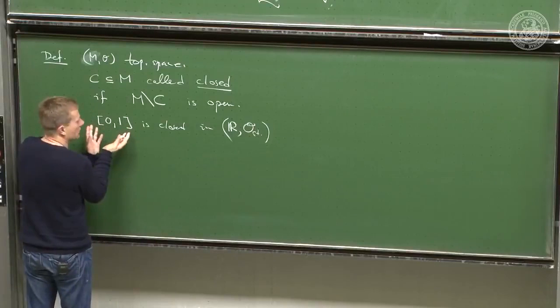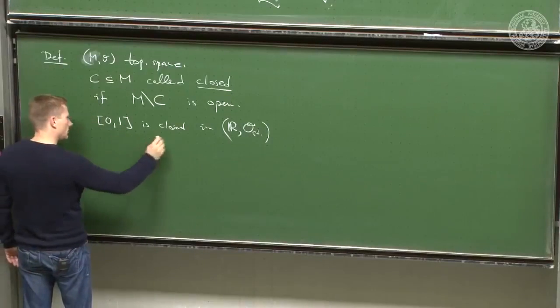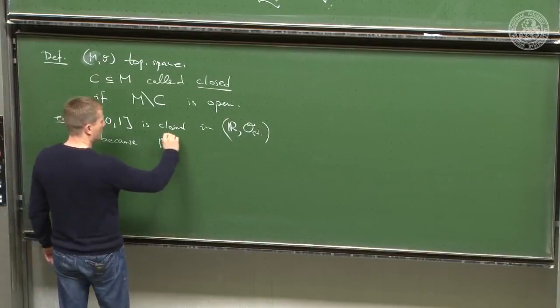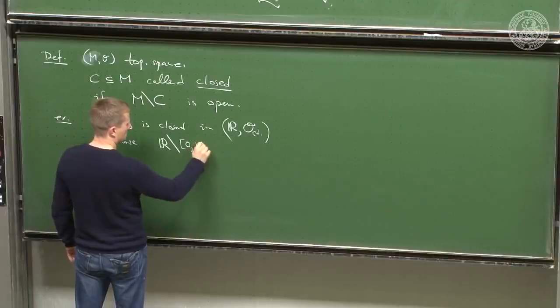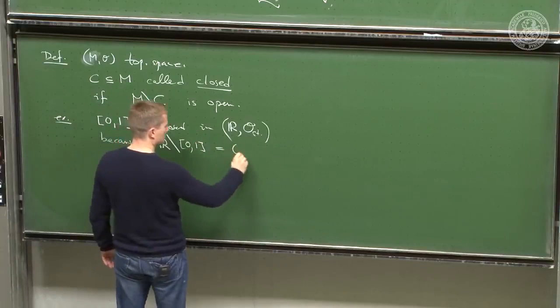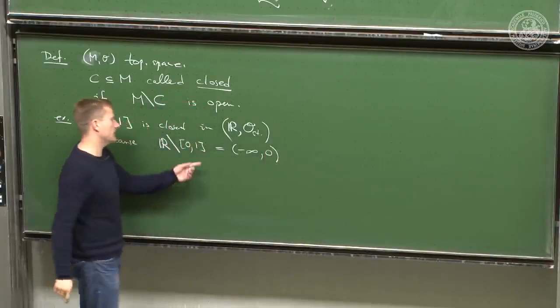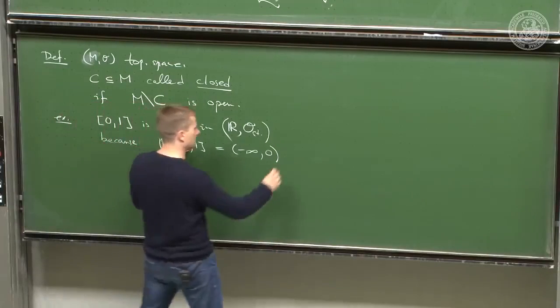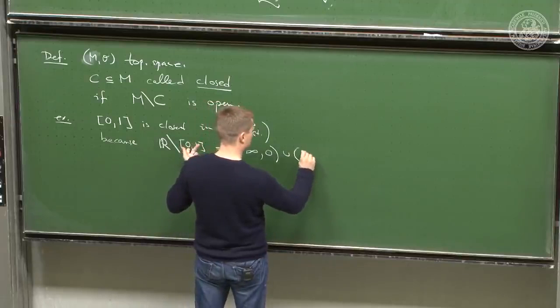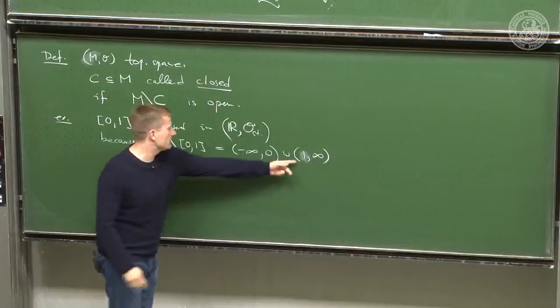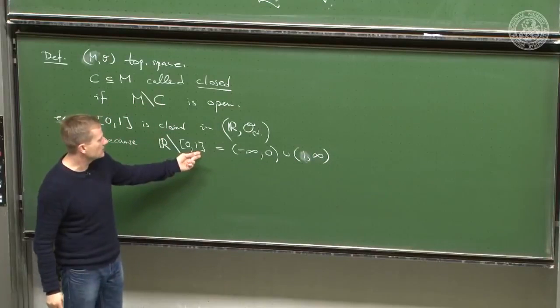That just means it's not open, but it's actually closed because R without this subset is the interval from minus infinity to 0, exclusive, because the 0 is taken out, union with 1 to infinity, exclusive the 1, because the 1 is taken out.